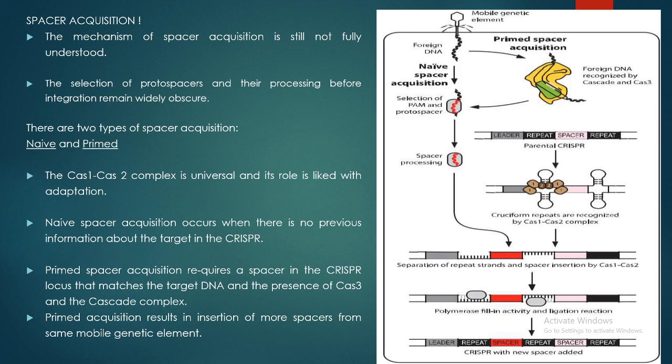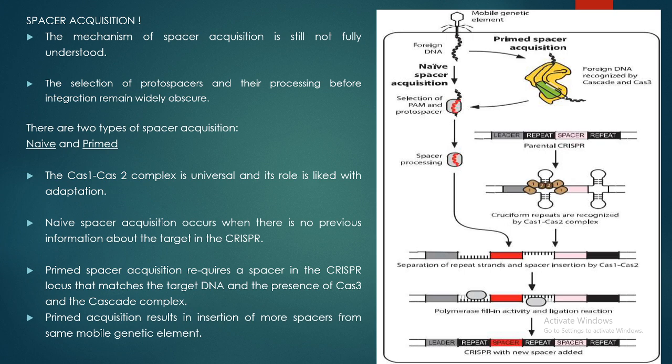However, it is known that there are two types of spacer acquisition, one is naive and one is prime. And it is the Cas1 and Cas2 complex which helps bacteria in acquiring a spacer from a bacteriophage. A naive spacer acquisition is when a bacteria acquires a spacer sequence from a bacteriophage for the very first time, and therefore it has now become immune to the bacteriophage in subsequent infection cycles.